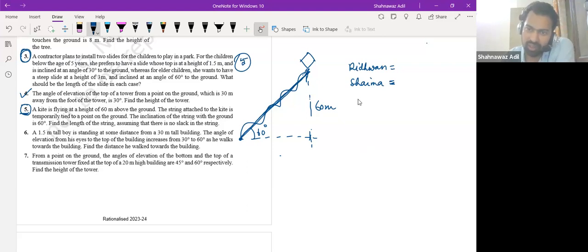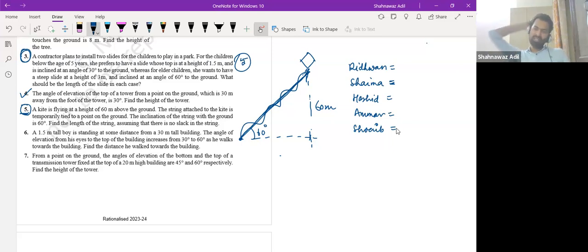Yes, so Ashir, Amar and Shiv. In the third test, Amar solved all the questions, right?